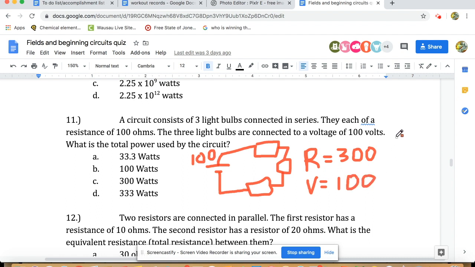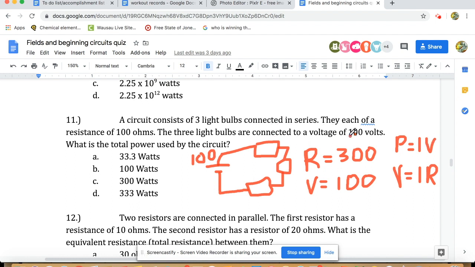So if you remember, power is equal to current times voltage, which is IV, and voltage is equal to I times R. So if we combine these two equations, we could figure out that power would just equal V times I, and we don't know what I is, but we know that it's V over R, so we have V over R times V, which is V squared over R.